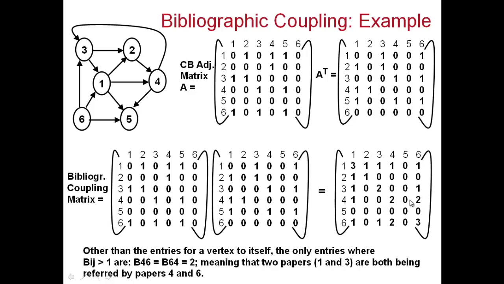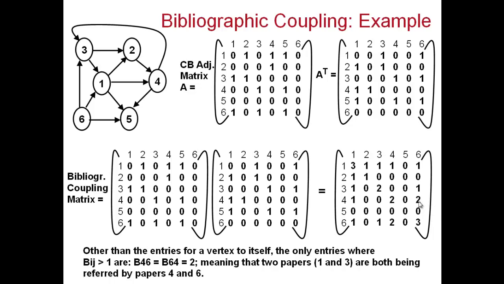What this means is 4 and 6 are citing two papers in common. Let's verify that. 4 is citing 3 and 5, so two papers. 6 is also citing 3 and 5, even though 6 is citing 1 and 4 is not citing 1. So there are only two papers that are being cited by both 4 and 6. That is the bibliographic coupling index of 4 and 6.